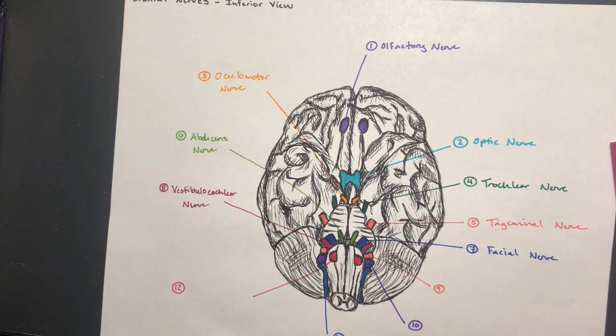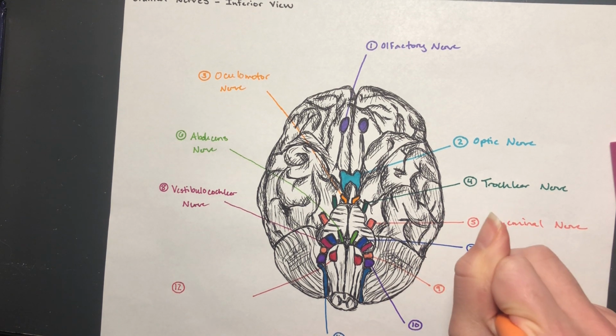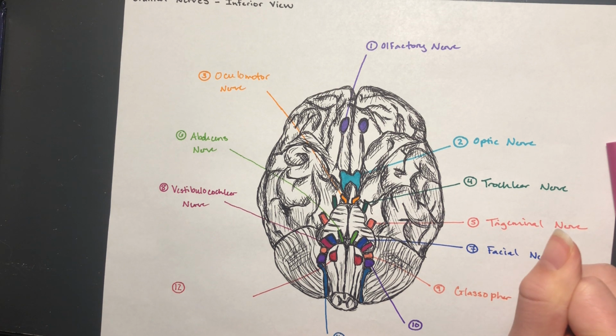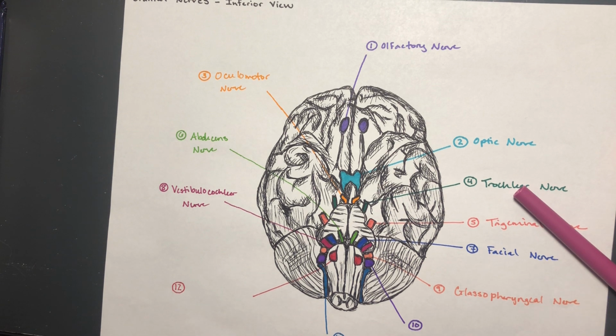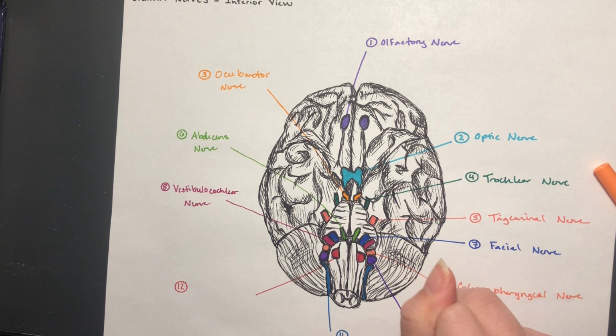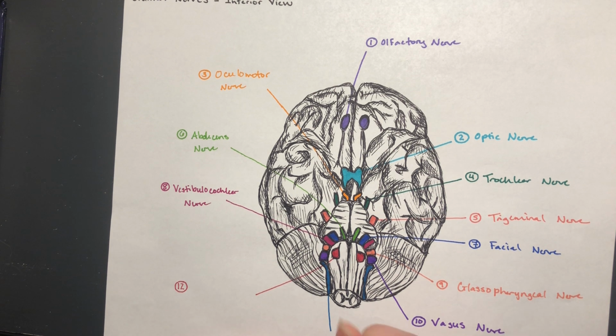Ninth, we have the glossopharyngeal nerve, which controls salivation in the mouth. 10th, we have the vagus nerve, which regulates the heart, breathing, and digestion in the body. 11th, we have the accessory nerve, which controls muscles in the pharynx.